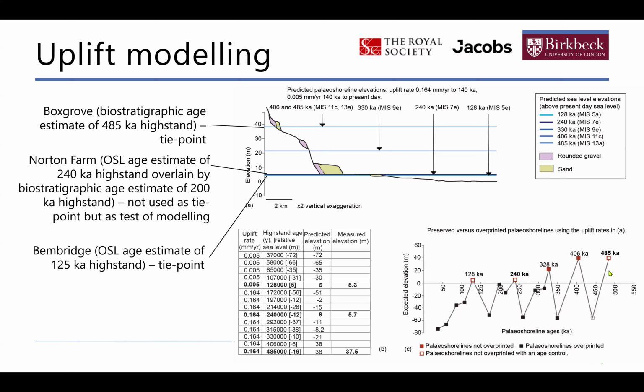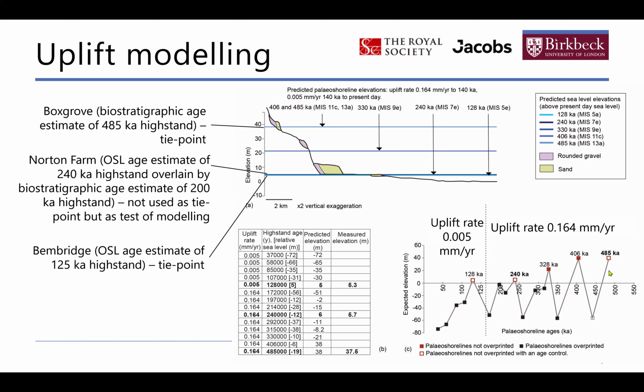And then you've also got this interesting thing where Boxgrove at 485,000 years is at pretty much the same elevation as the next high stand, which we don't seem to have a record of.